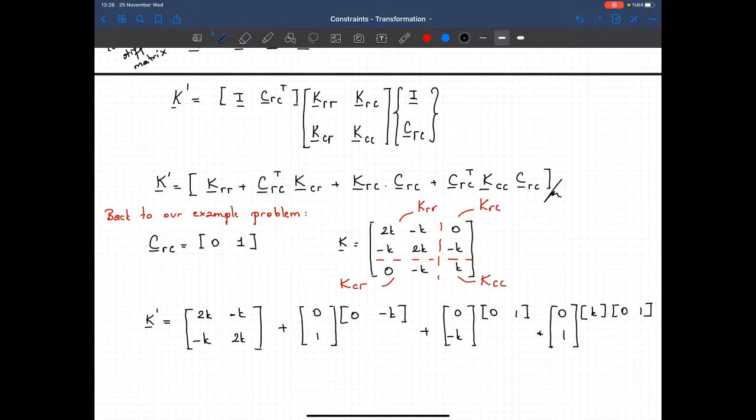So when you do all these matrix operations, we obtain K prime as equal to 2K, minus K, minus K, and K. That's the constraint stiffness matrix.